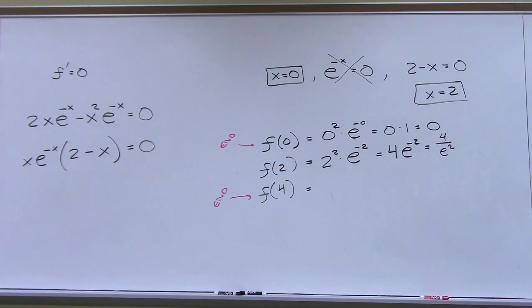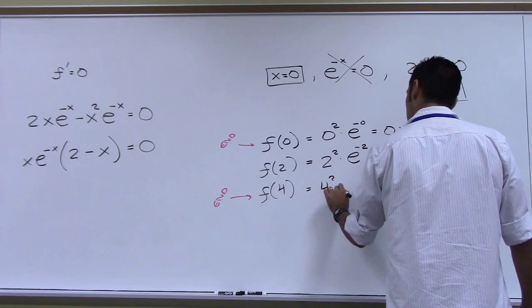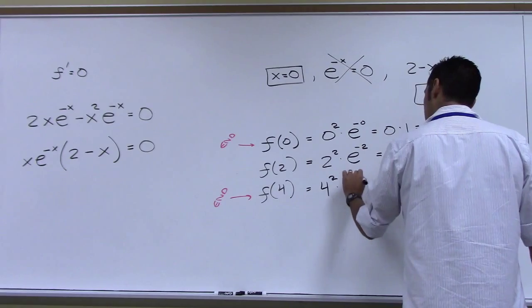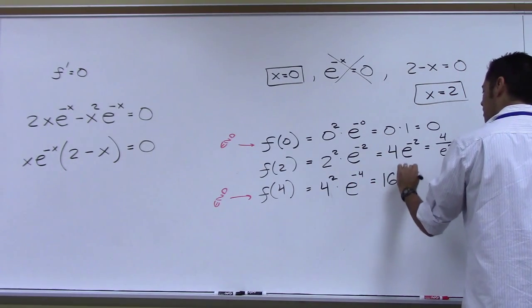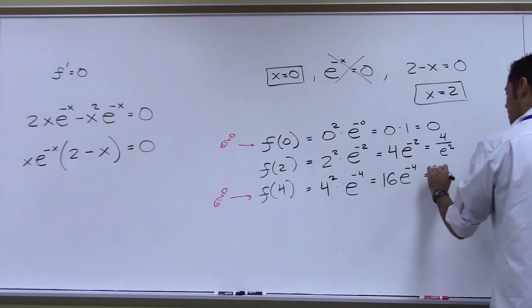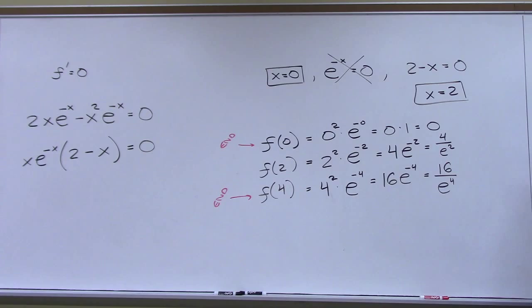So I'll get my calculator out for this. I may not need it, though. Let me try the next one. This one is 4 squared times e to the negative 4. This is 16 e to the negative 4. This is 16 over e to the positive 4.